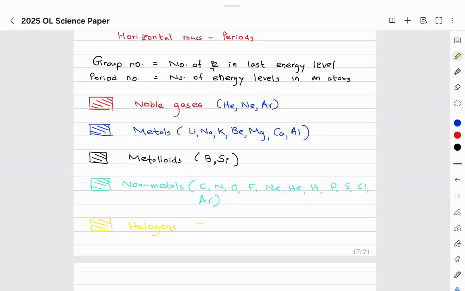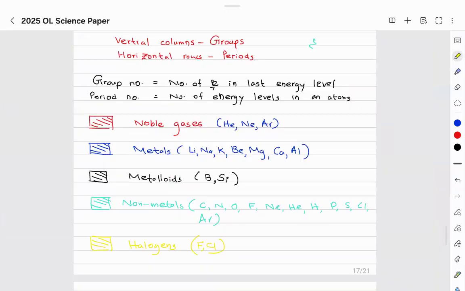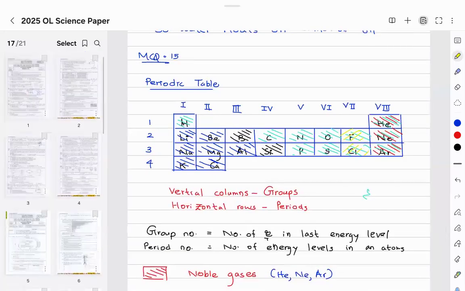Right. So that is not important, but mainly you have to know what the noble gases, metals, metalloids, and non-metals are, right? Okay. Now, let's move to the question again.